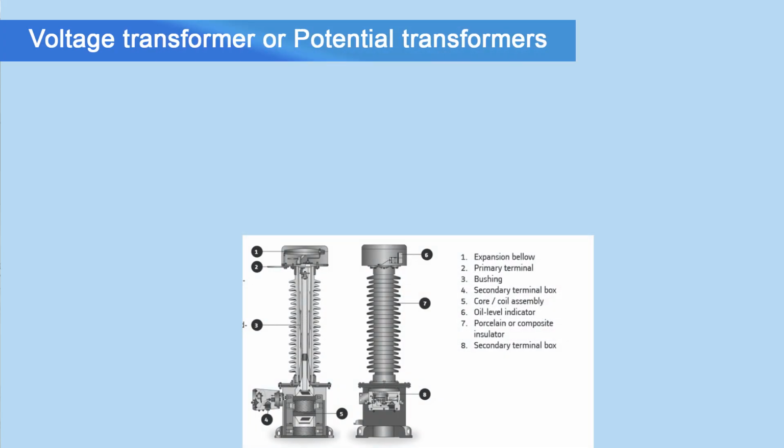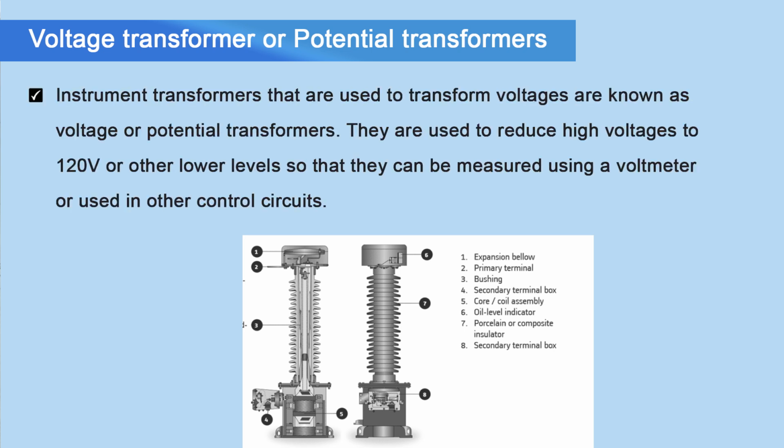Next, we are going to discuss the potential transformers or voltage transformers. The instrument transformers that are used to transform voltages are known as voltage or potential transformers. Mainly, they are used to reduce high voltages to 120 volts or other lower levels, so that they can be measured using a voltmeter or used in other control circuits.